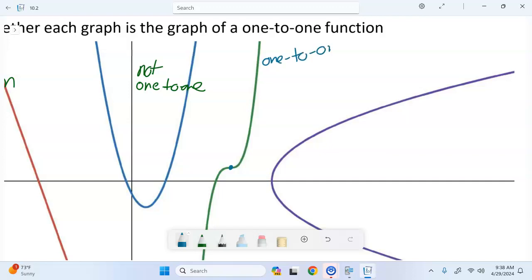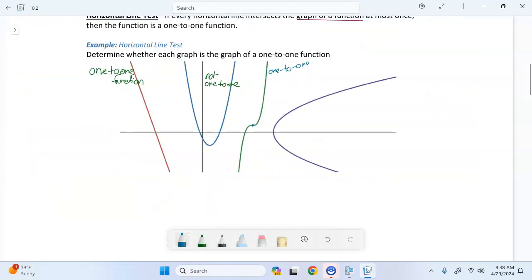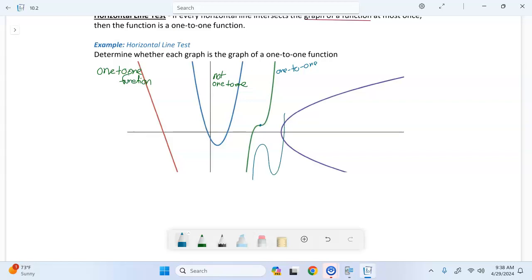But some cubic functions get really funky and do that, and at that point, now it's failing the horizontal line test. So the only time it's going to be one-to-one is if it doesn't do those funky waves. But if it just levels out and then keeps going at that bend, then it's going to be one-to-one.